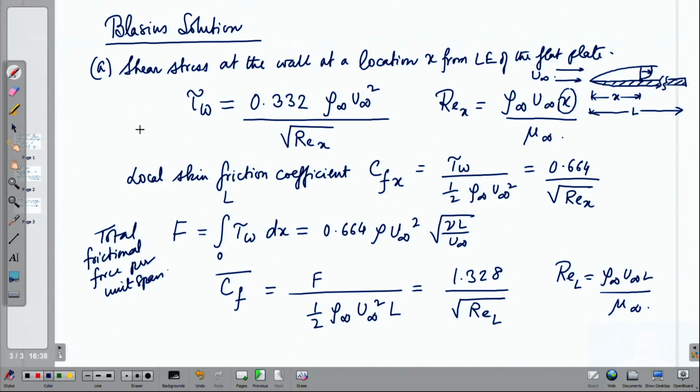So, where did we start from? We started from here. That was the one expression where a value was taken from the Blasius solution, and that is where from we could derive all these expressions.